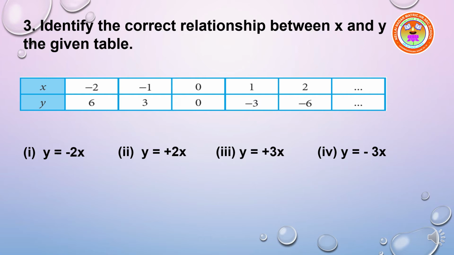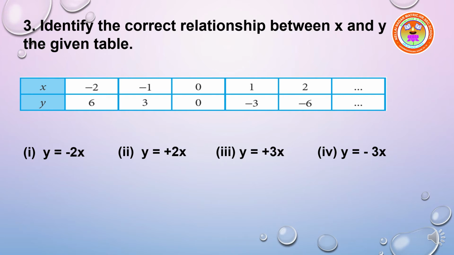y is equal to plus 3x. Here in the place of x, we are going to substitute minus 2. So, 3 into minus 2 will be minus 6. I am getting 6. But what is the symbol there? Minus 6. But in the tabular column, the y value is plus 6. So, I can say that the third option is also not the correct answer.